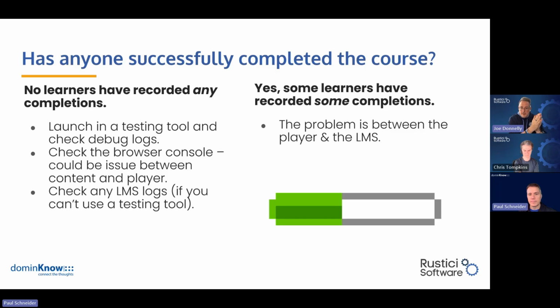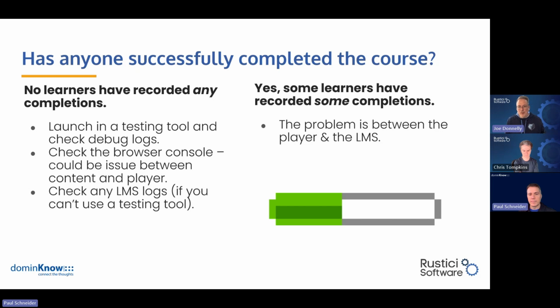In that sort of situation, I would launch a testing tool and check debug logs. We test content with folks pretty much every day, and they share debugs with us. We walk through the course with them and point out the things that we would normally say, okay, that could be a problem. And so that is usually a good thing to do. Also check the browser console for things like access is denied for cross-domain type problems.